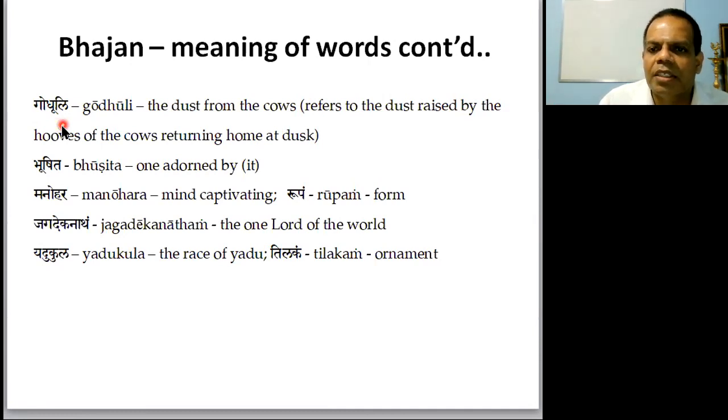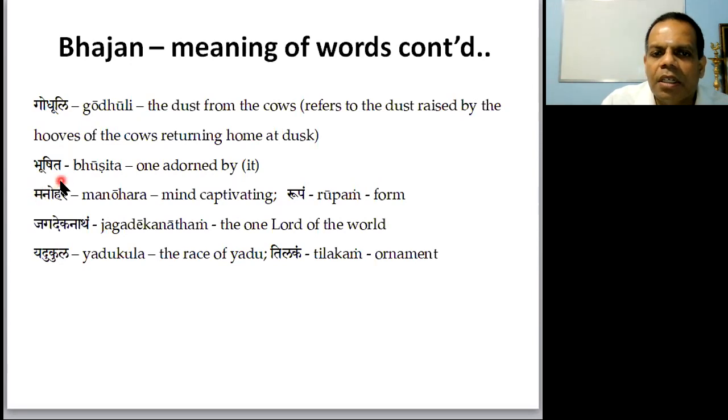So Dhuli is the dust. Godhuli is the dust from the feet of the cows. Krishna is supposed to be caked with it: he's bringing the cows, they raise the dust and that all falls on him. So he's decorated with that. Okay, Godhuli.